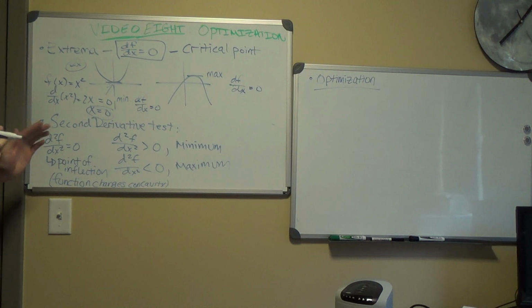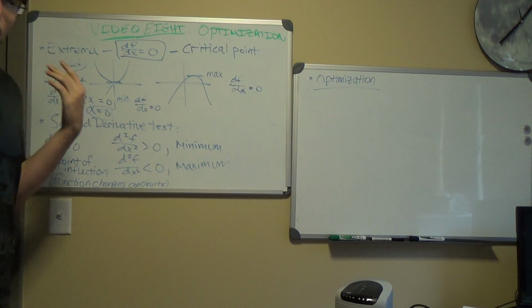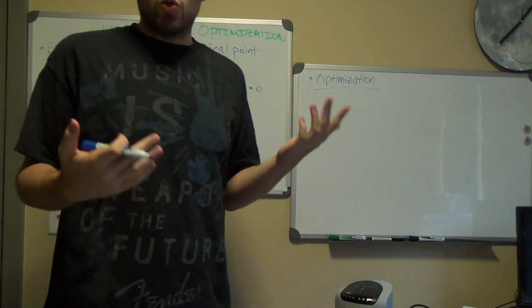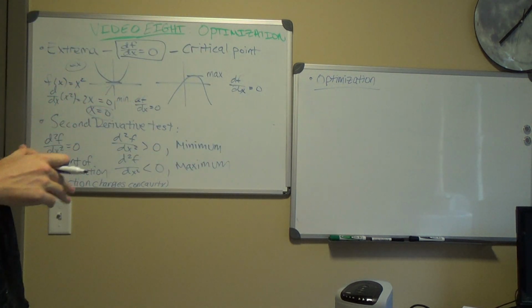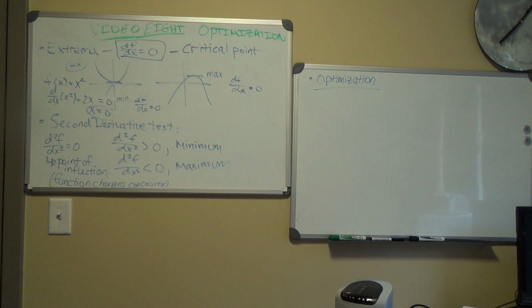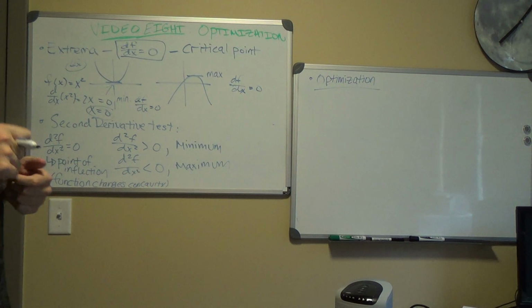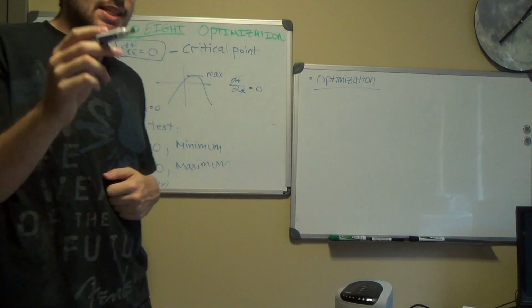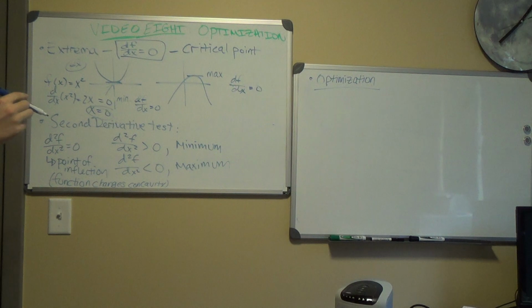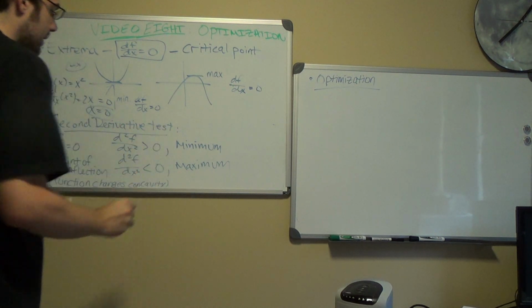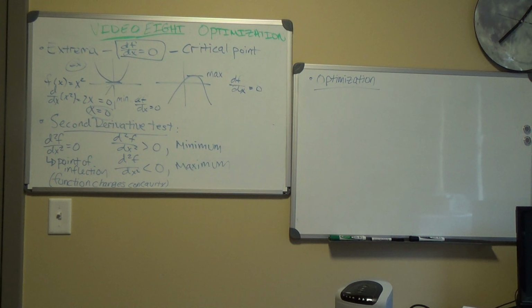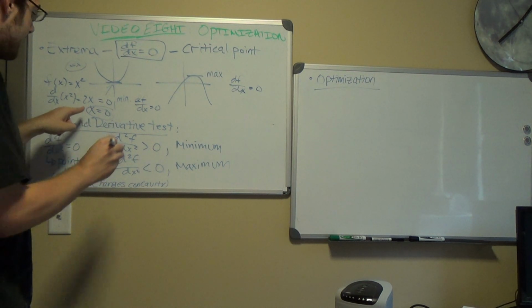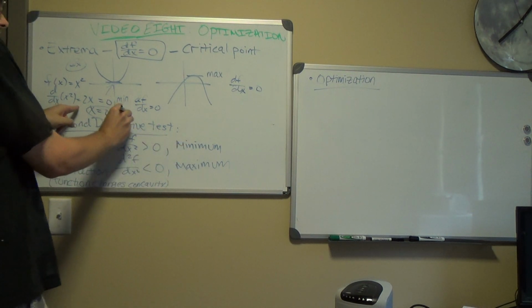And then the second derivative test. With the first derivative test, you can find out what critical points a function has. However, it doesn't tell you whether it's a maximum or a minimum. What tells you that is the second derivative test, where you take the second derivative of a function and evaluate it at the critical point.